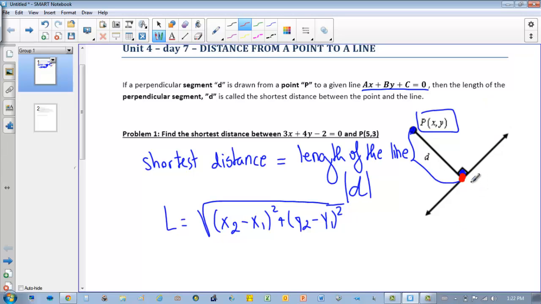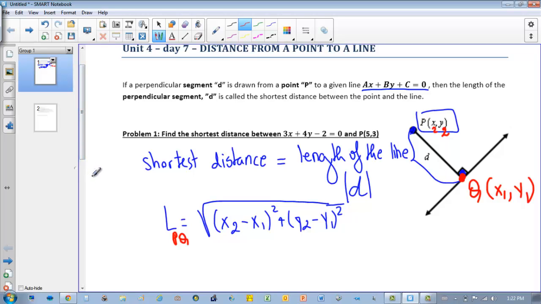Let's call this point Q, with coordinates x1 and y1. If we know point Q and we consider P the second point, so it could be x2 and y2, then we can solve for the length of line segment D, or we actually now can call it PQ.